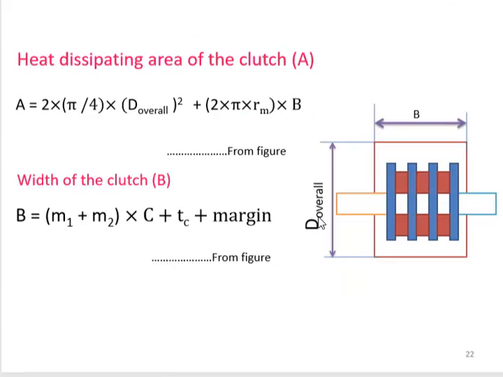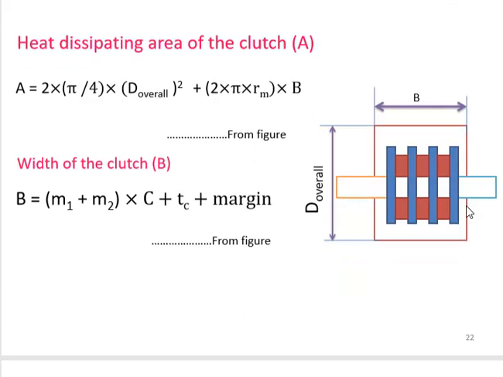To calculate the area, we again have to focus on the clutch box. You can see heat can be dissipated from the left hand side of the clutch box, the right hand side of the clutch box, which is circular in nature, and it can also happen along the width, that is the circumference. Hence I have taken the circular left hand side as pi by 4 d overall square.